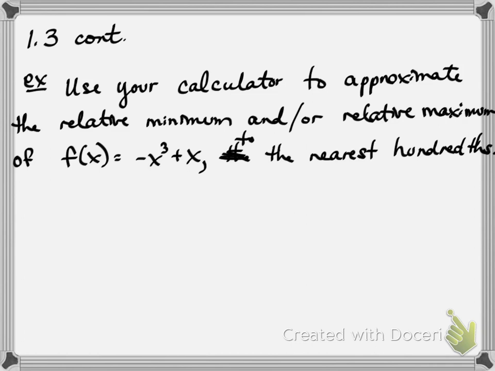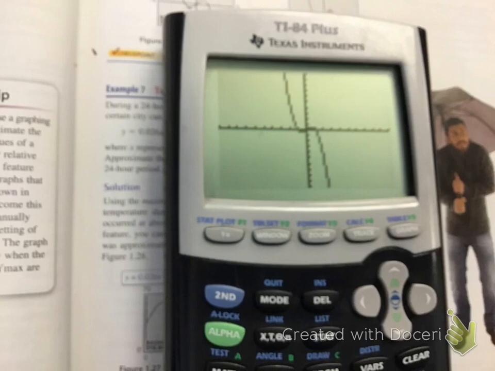Right now I'm starting out with my window in the standard window, negative 10, 10, 1, negative 10, 10, 1. You can always make it go to the standard window immediately if you hit zoom 6 for standard. And I'm hitting graph. And my calculator is a little crunched up, and I can't exactly tell what's happening there.